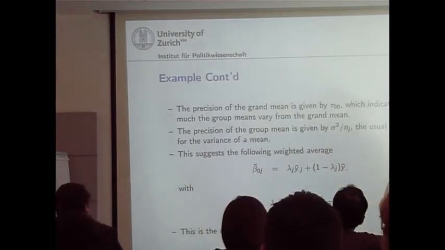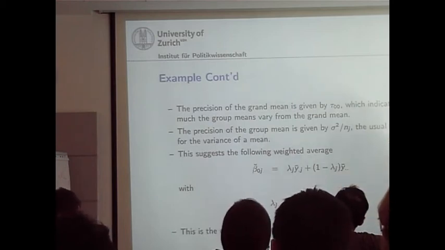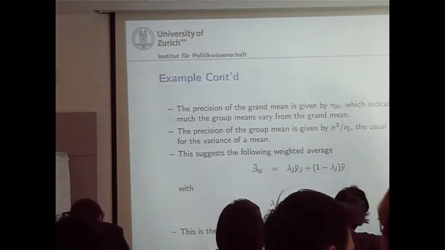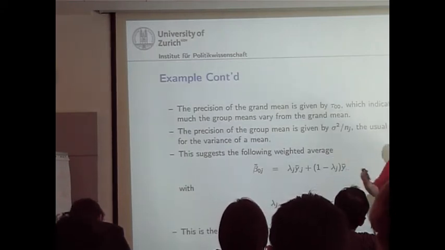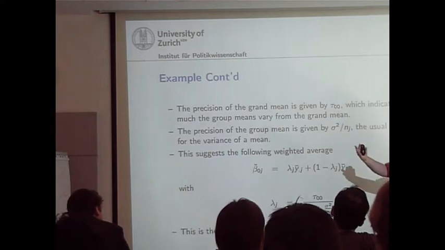That means these groups all have exactly the same mean. Well, then this grand mean is very informative, because it's exactly the same as each group mean. Imagine though that we have huge variance across these groups, then you don't want to use the grand mean to tell what the group mean is, because the deviations from that can be huge.